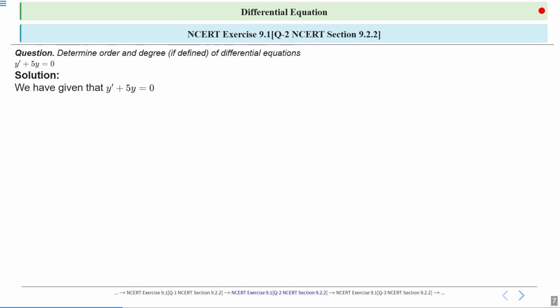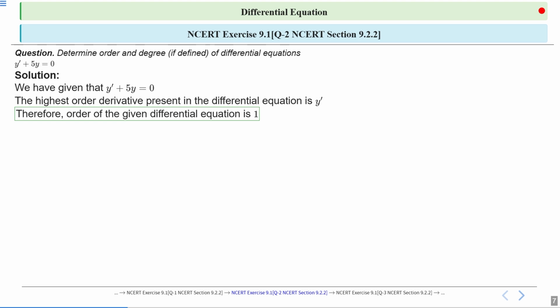So we have given that y dash plus 5y equal to 0, and the highest order derivative present is y dash. So therefore order of the differential equation is 1. Now define degree.